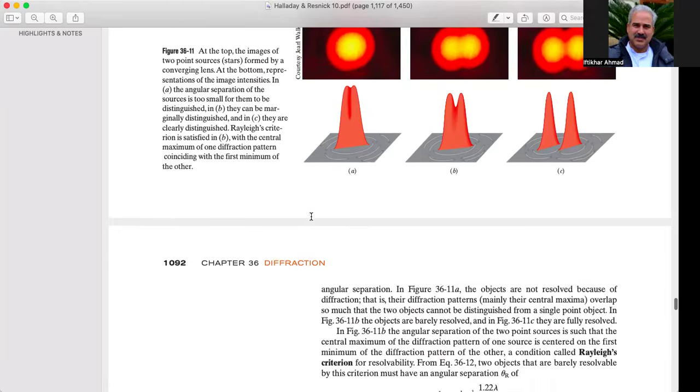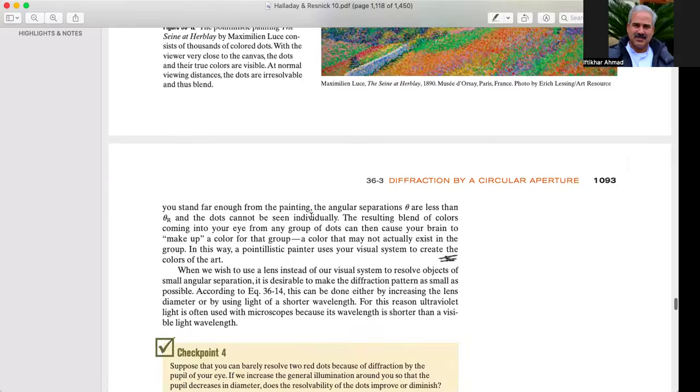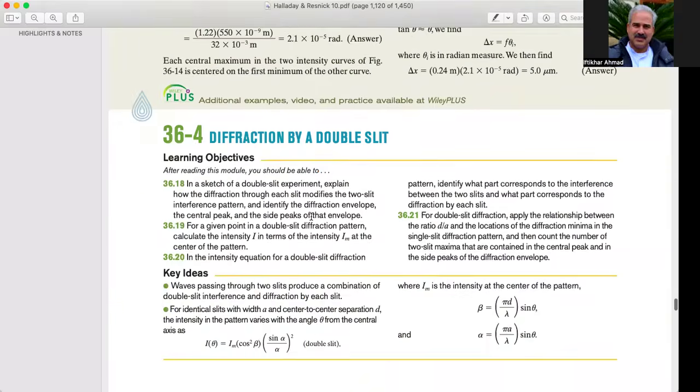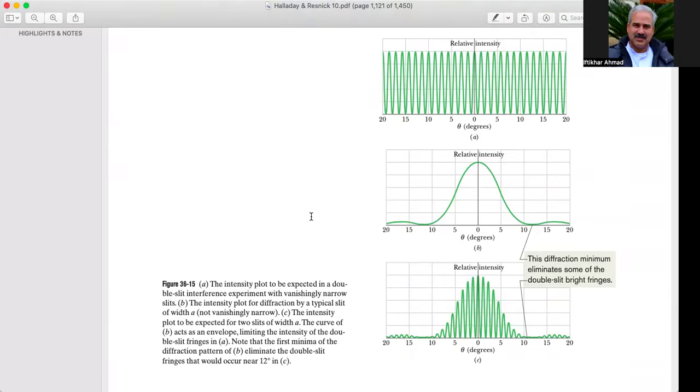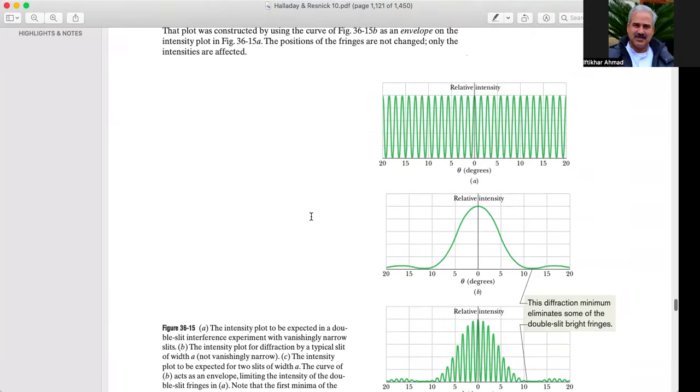If we go further, let's suppose we have 2 slits. In the first case, the slit size for each is comparable to the wavelength.